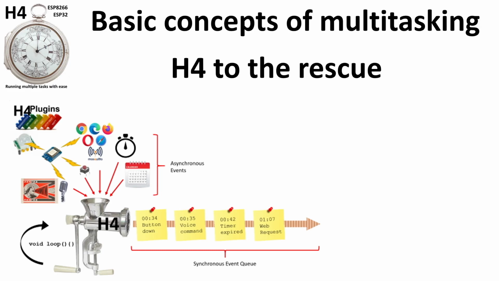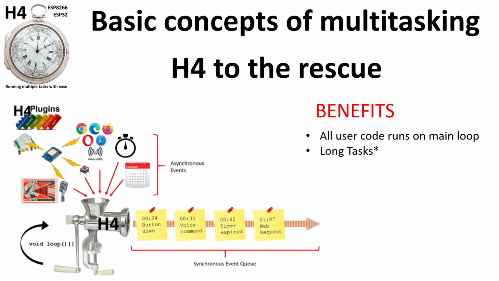All right, so basically it takes this kind of ragged Wild West and smooths it out into a series of messages to your code saying, oh, this just happened, oh, that just happened, oh, the other just happened. But all of that code runs on the main loop, which means that all of the problems we mentioned earlier about interrupts and ticker timers are out of the window. Your code can do anything that normal code can do. So you can run long tasks, asterisk.